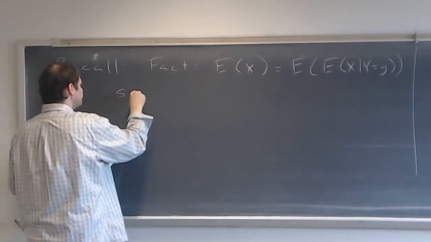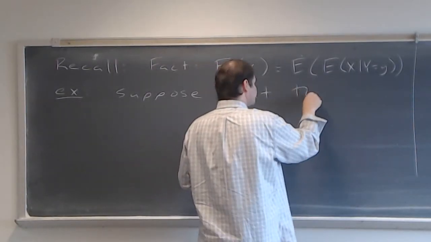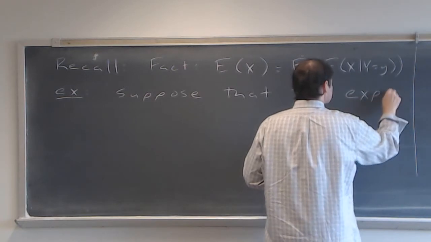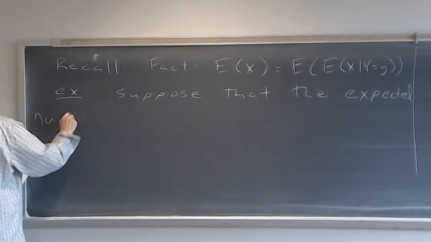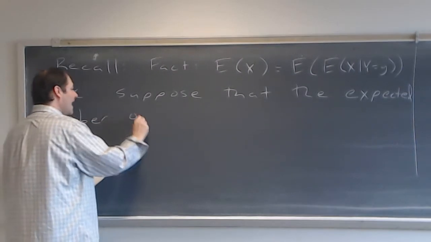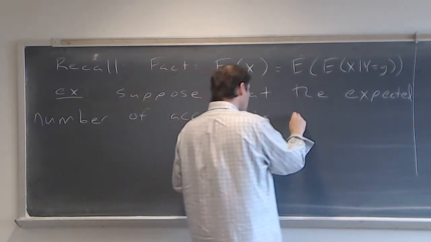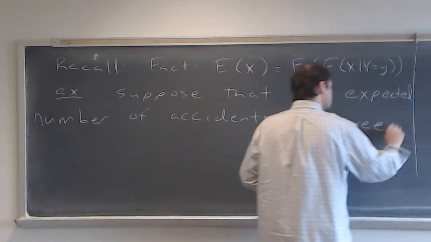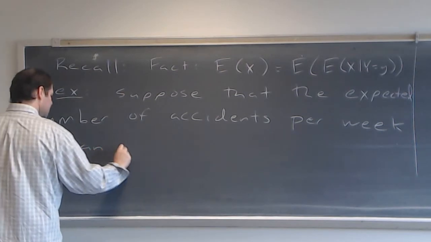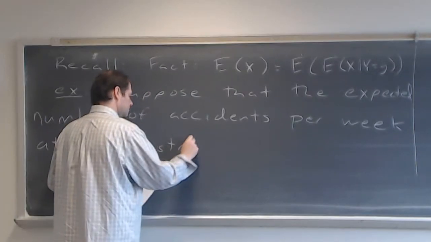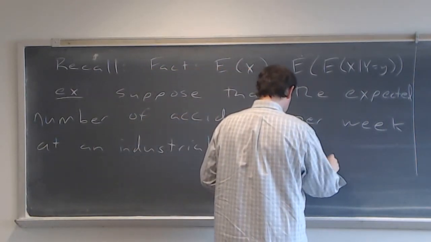So suppose that the expected number of accidents per week at an industrial plant is 4.